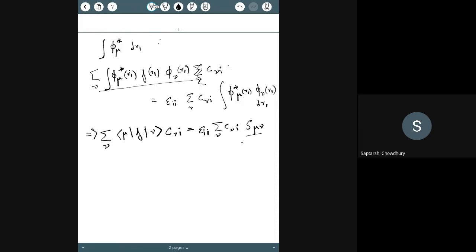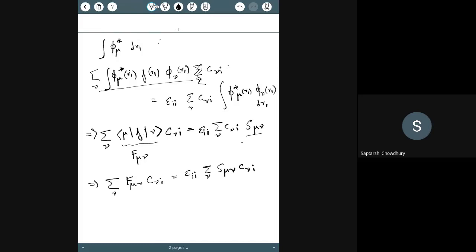Then this you can write as some sort of matrix element of the Fock operator in this atomic orbital basis. Okay. So I can simplify this more with this notation. So F mu nu C nu I is equal to epsilon I sum over nu S mu nu C nu I.